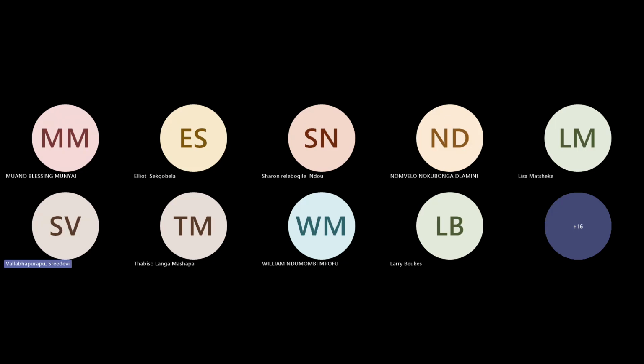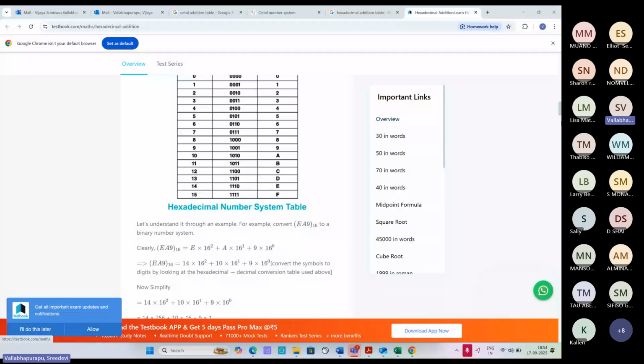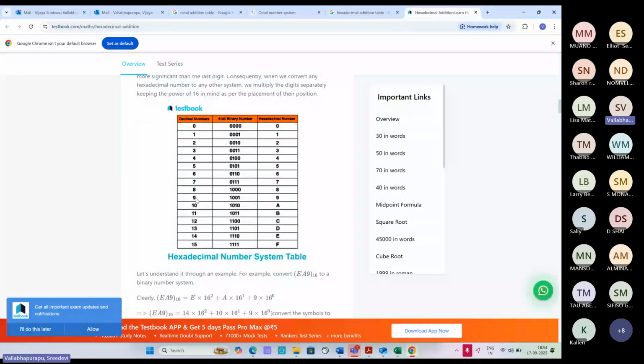Easy way to remember. See here, for the decimal numbers, until 9, for hexadecimal, until 9, it remains the same, whereas in octal, until 7, it remains the same. But here, until 9, it remains the same.